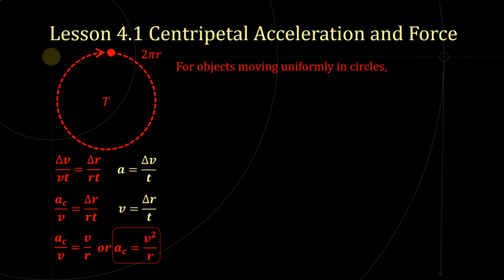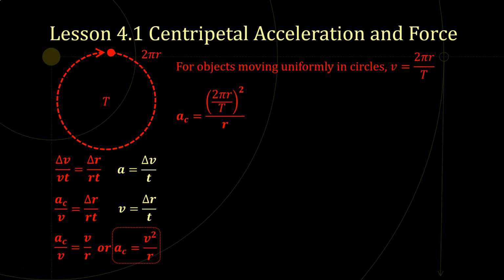So for objects moving uniformly in circles, you can calculate the velocity around the circle by just dividing the circumference of the circle, 2 pi r, by the period, the total time to make one complete revolution. If I plug that 2 pi r over T in for v, I'm going to substitute that in for v in our centripetal acceleration equation.